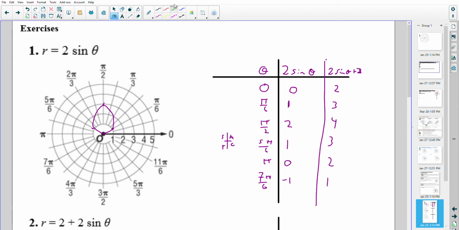Do this in a different color. Okay, 0, 2. Again, that's a polar graph, so that's going to be here. Pi over 6, 3. Pi over 2, 4.